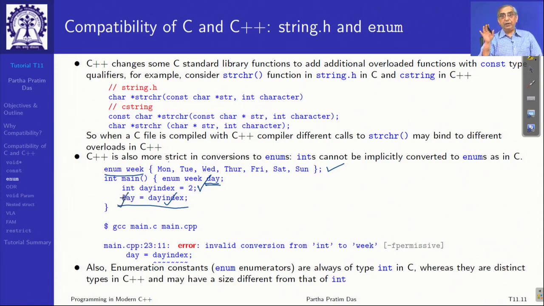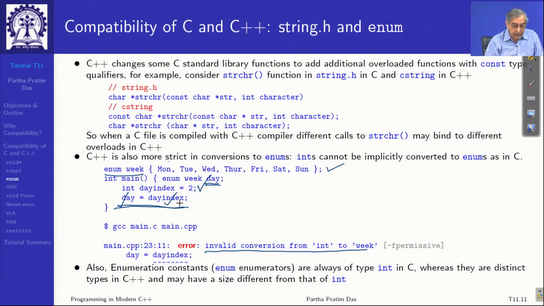Now, C allows this implicit conversion. C++ gives you an error. The reason is that enum is not a subtype of int in C++. Enum is a different type in C++, so it needs explicit conversion.